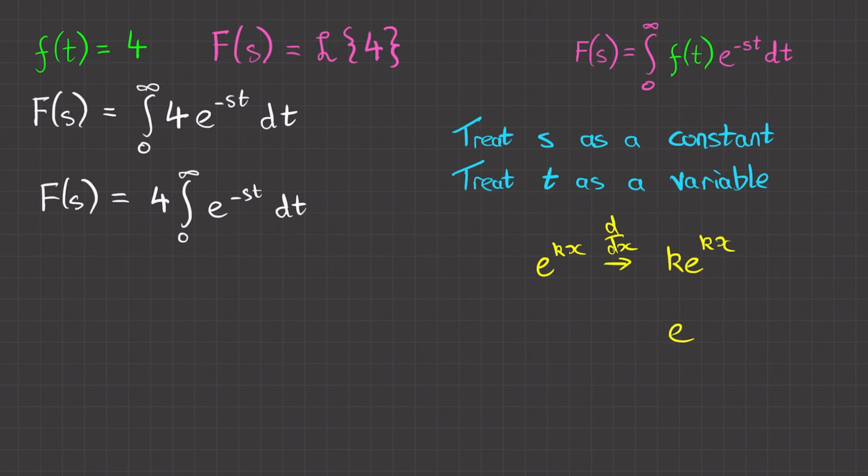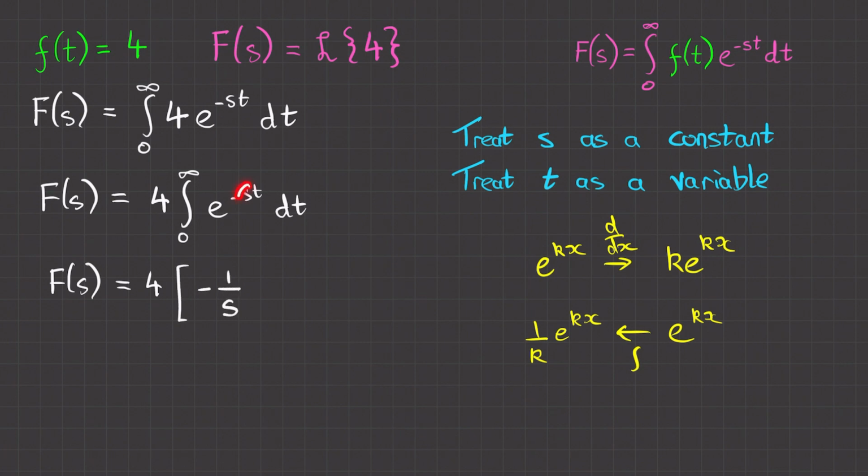So if we have e to the kx and we integrate it, it's going to be 1 over k e to the kx. So here we'll have f of s equals 4 lots of minus 1 over s, because we're treating s as a constant, like the k here, multiplied by e to the minus st, between 0 and infinity.